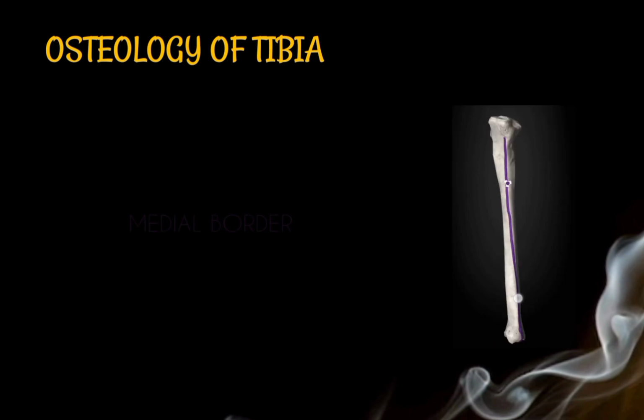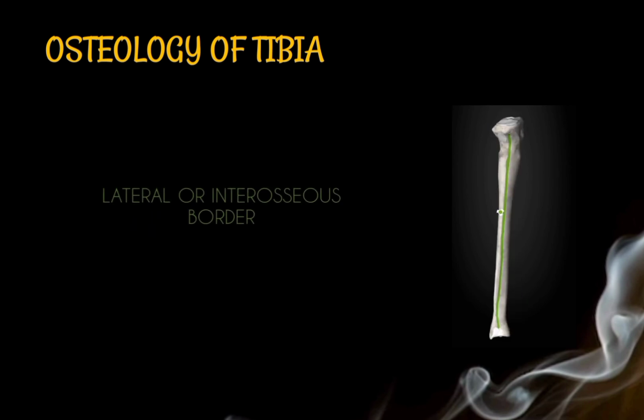Now this is the medial border of the tibia bone, and it extends from the medial condyle to the medial malleolus at the lower end. Now the third one is the lateral border, which is also termed the interosseous border, that extends from the lateral condyle of the tibia bone all the way to the fibular notch that is present laterally at the lower end.